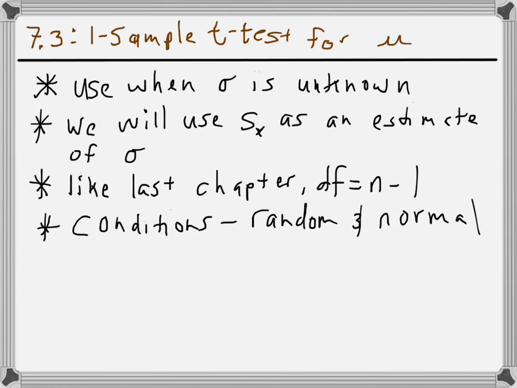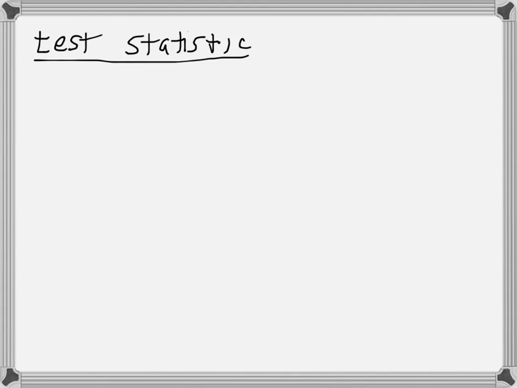So I want to talk first about the test statistic and how to calculate it. We know how to write hypotheses, but for a t-value, the test statistic, here's what we're going to need before we actually calculate this. Again, a statistic is simply a number that comes from a sample. So the mean of the sample, x bar, we're going to need that. That's our sample mean.